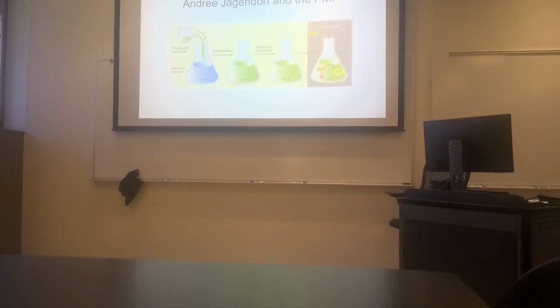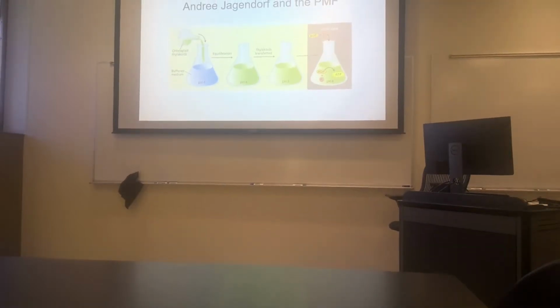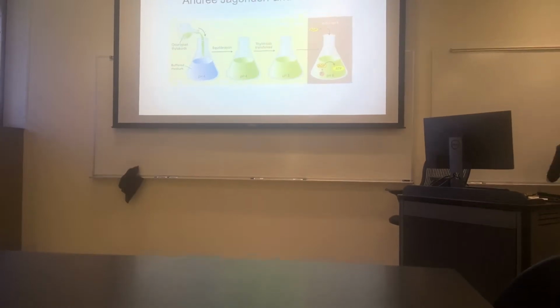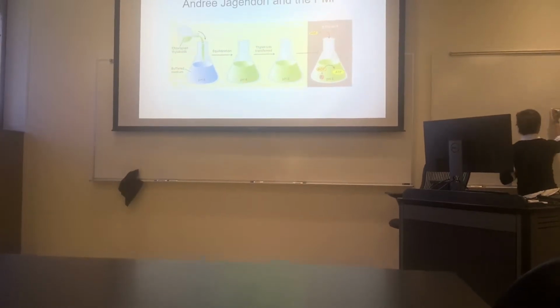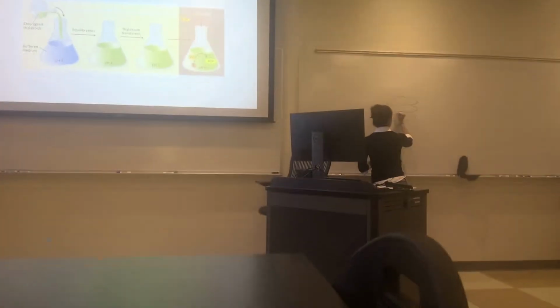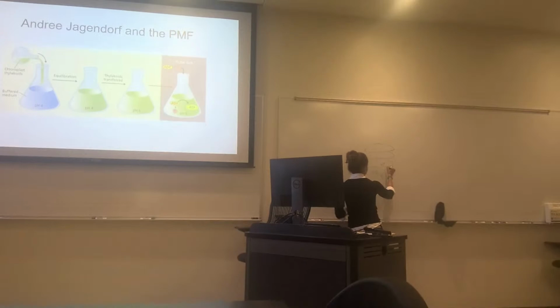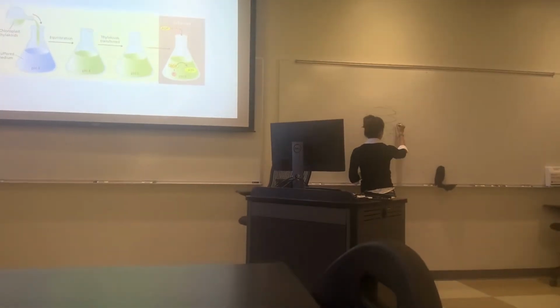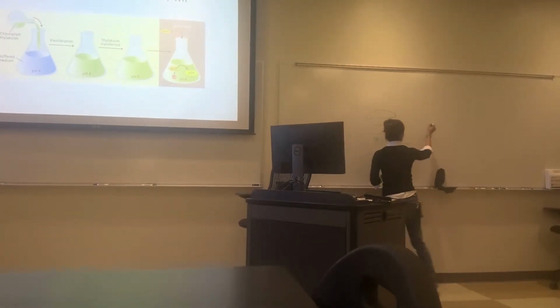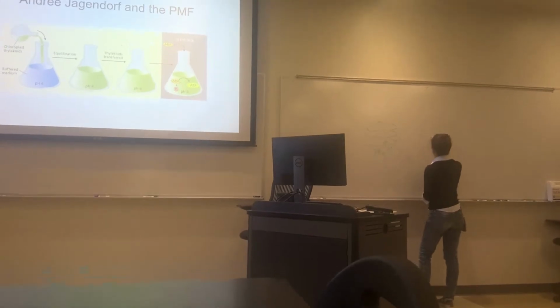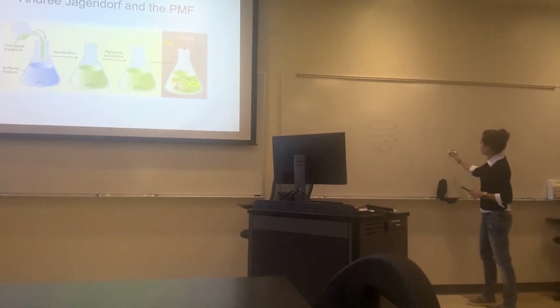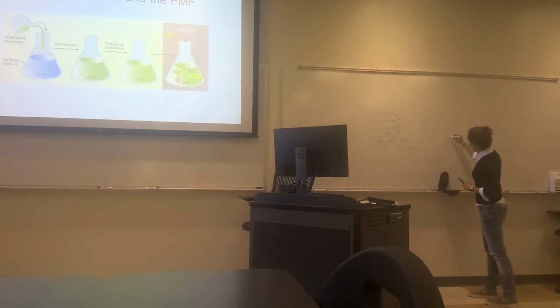And then the ATP, if you think about it, you have the thylakoids. You put everything at pH 4, everything has the same pH. Then you move it to pH 8, but you don't allow everything to settle. So now out here is pH 8, but here is still pH 4.